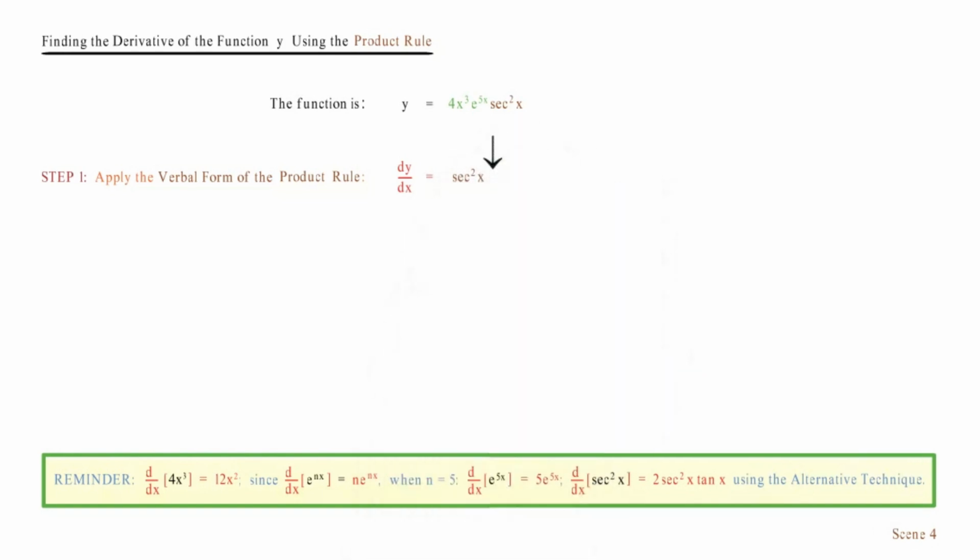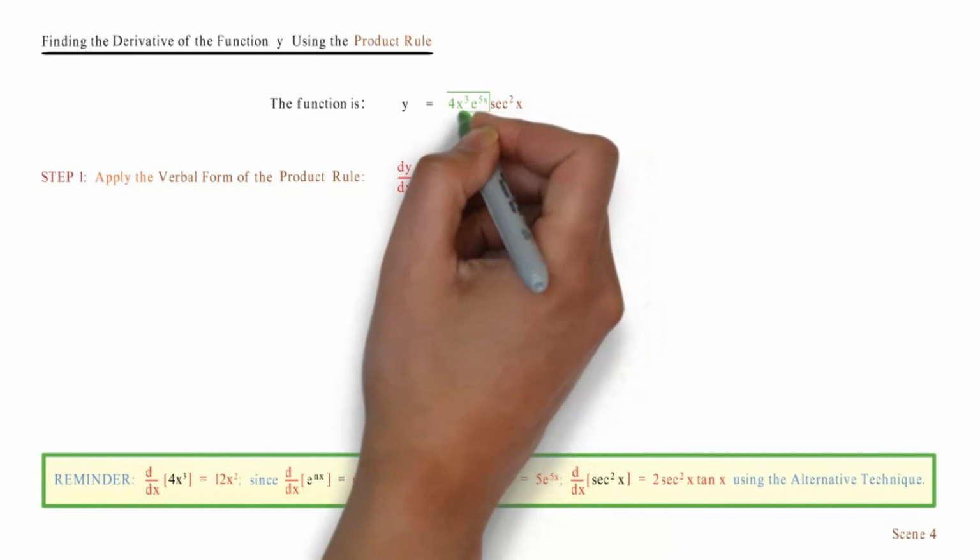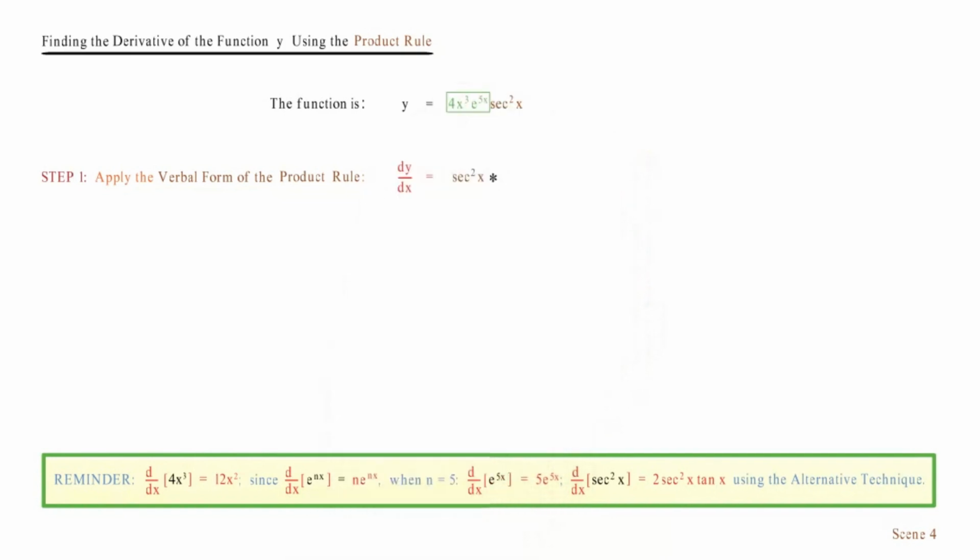Times is times. The derivative of the first function is the derivative of 4x cubed e to the 5x.